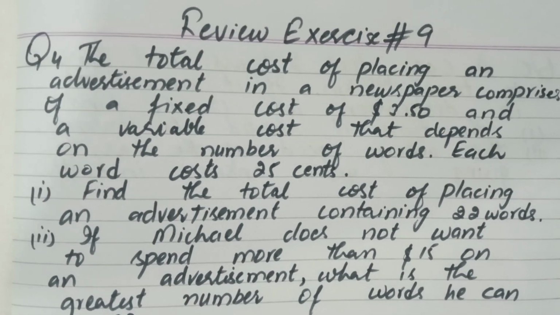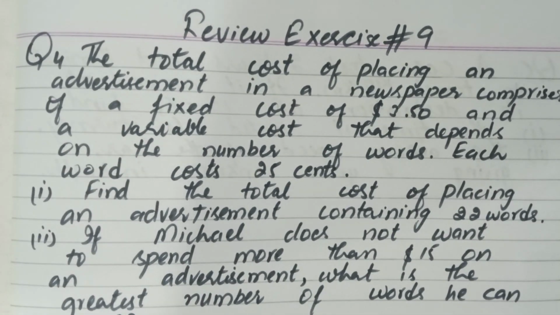Now students, question number 4. The total cost of placing an advertisement in the newspaper comprises a fixed cost of $3.50 and a variable cost that depends on the number of words. Each word costs 25 cents. Find the total cost of placing an advertisement containing 22 words.